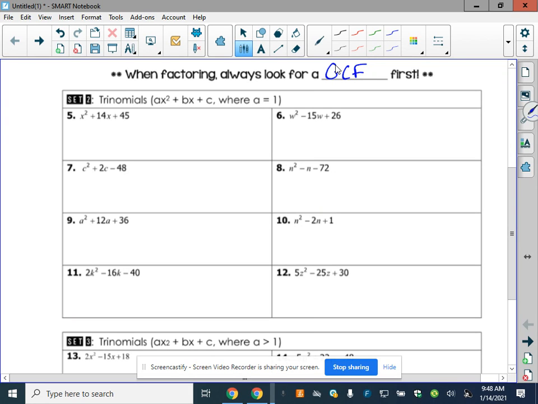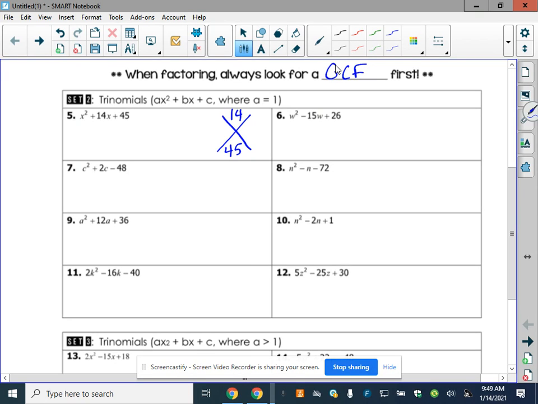So you will factor like I'm fixing to show you. What I do is draw an X over to the side. I write my last number, that's called my C term, on the bottom of that X. The middle term is called your B term. I write it on top.